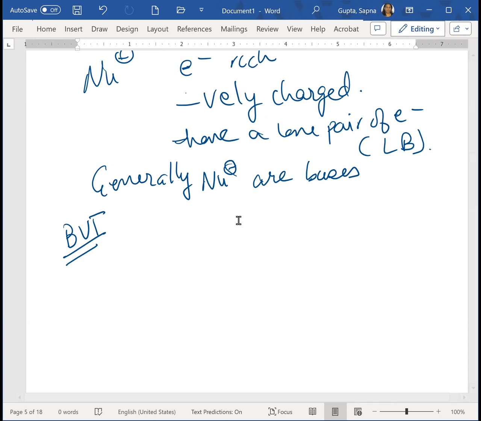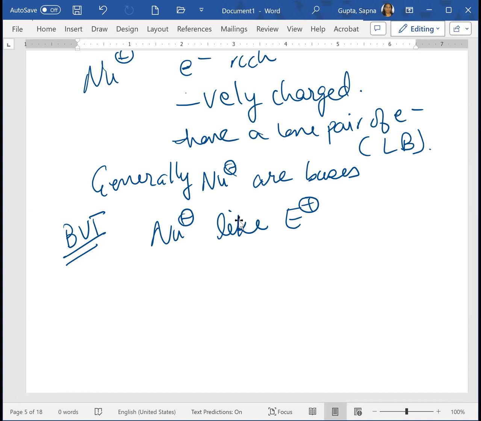Which means that we've already talked about bases back in chapter 3. But the thing that makes nucleophiles different from bases is that nucleophiles like electrophiles. What do bases like? Bases like protons, remember that.